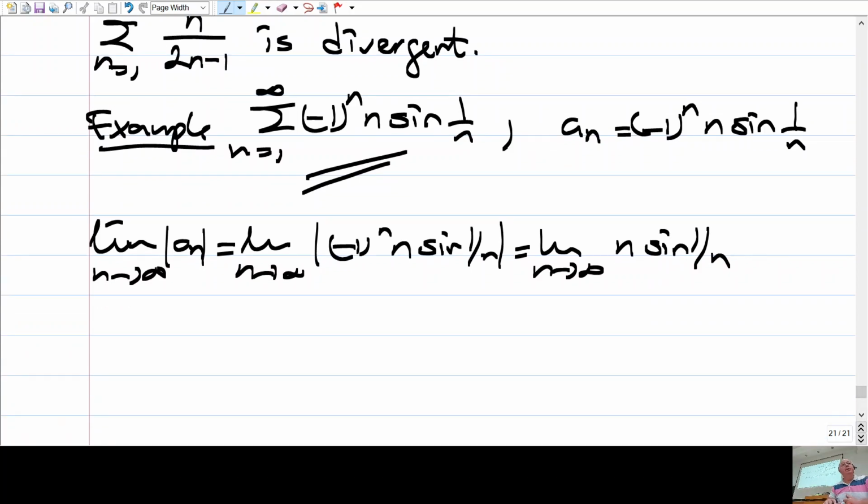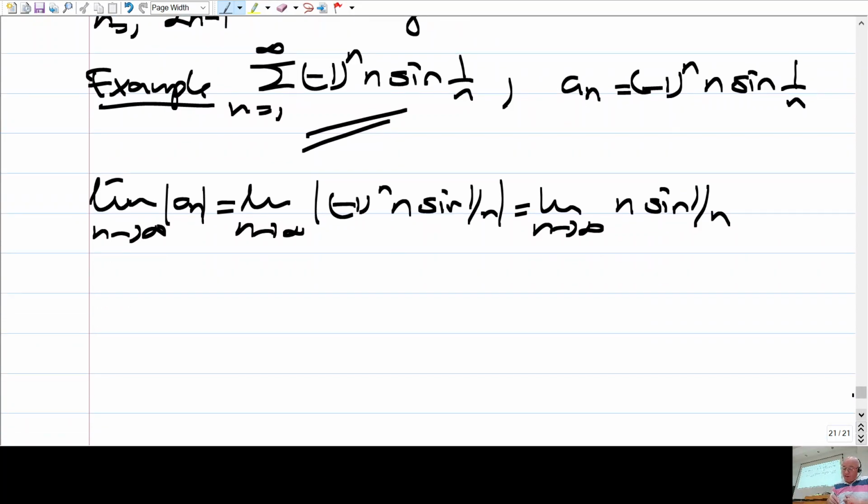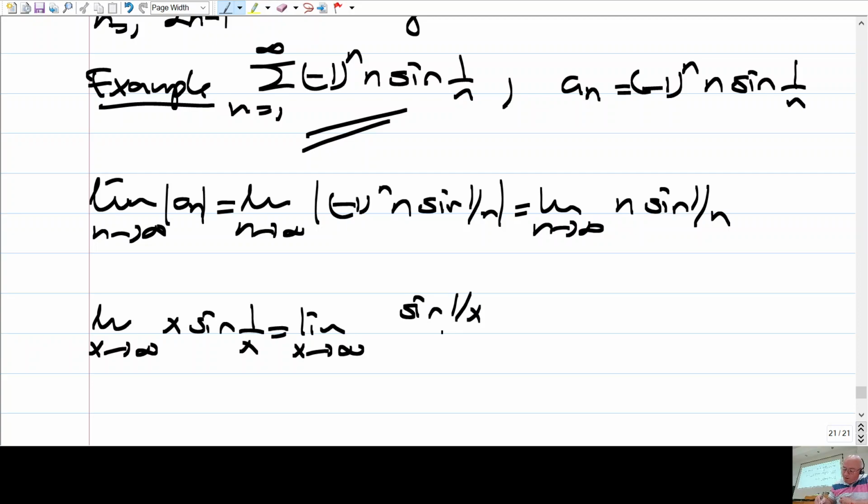What about this limit? Well, I don't know this limit, but we can compute the following. As x goes to infinity, x times sine 1 over x. How? I can write it this way: sine 1 over x divided by 1 over x.